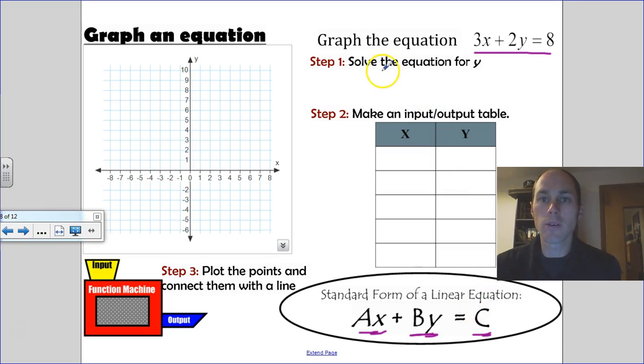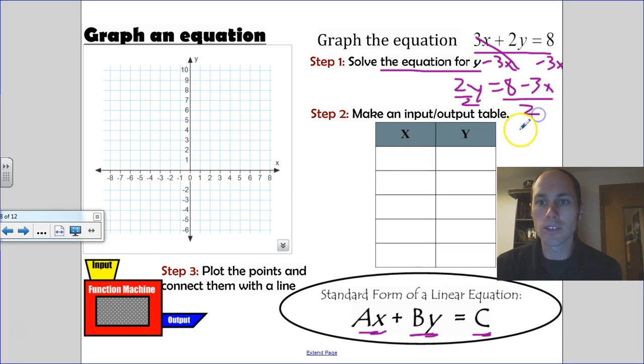So we want to solve the equation for y, because when we do that, all we have to do is insert our x variable, our input, and it'll give us our output. So let's solve for y first of all. So remember, we would subtract 3x from both sides, and then we've got 2y equal to 8 minus 3x, and then we would divide by 2 on both sides of the equation.